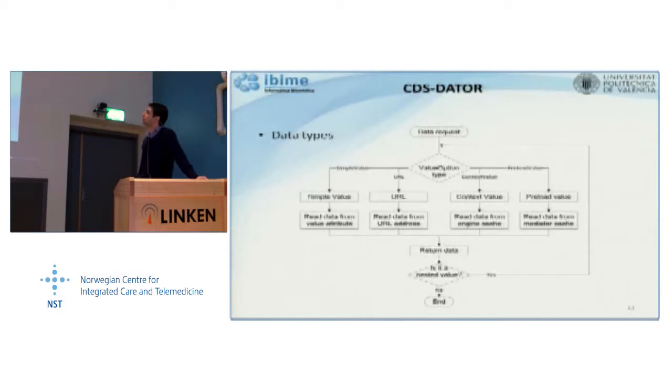The context value specifies that the data needs to be found in the clinical decision support engine. And the preload value, as I said, provides the ability to store the data in memory to be consulted later.